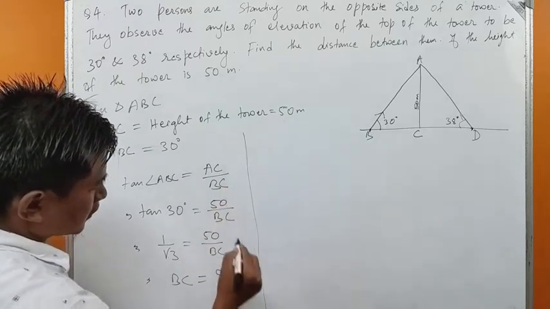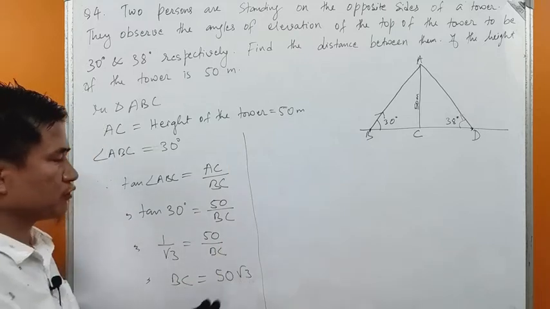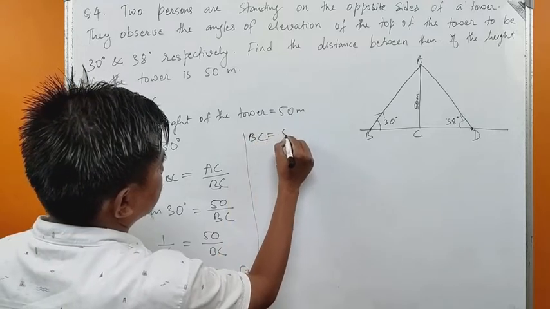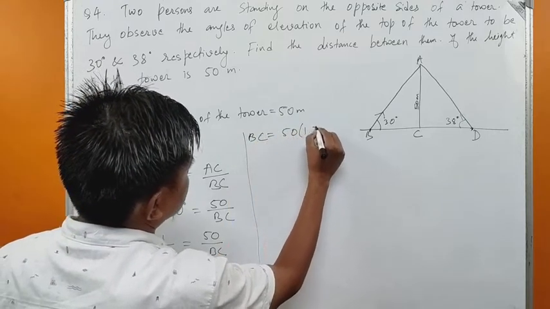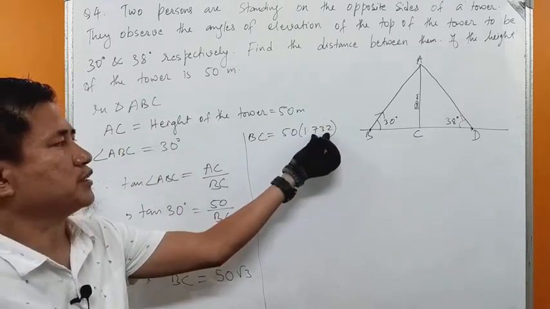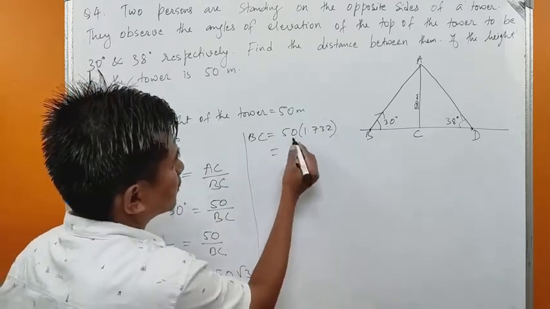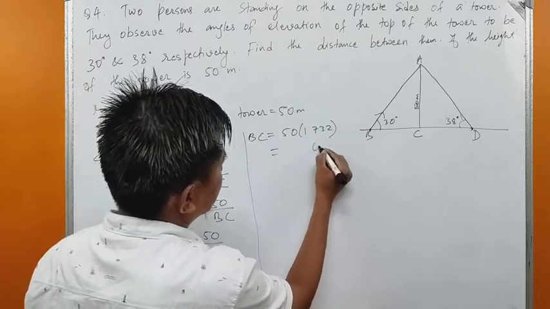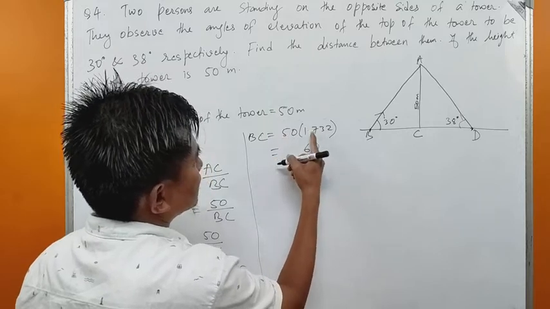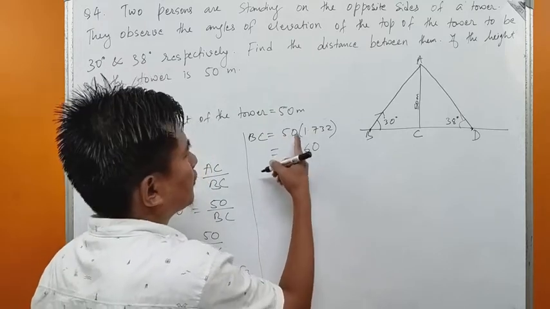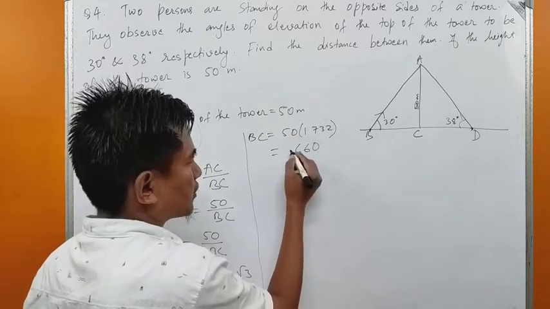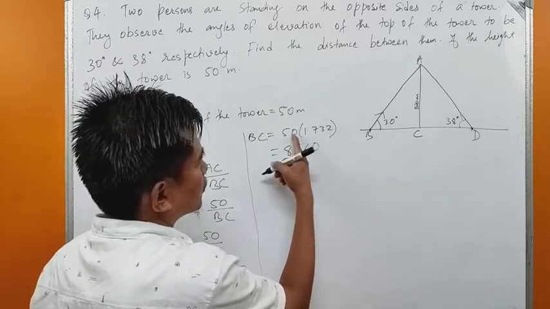So BC equals 50 into root 3. This means BC equals 50 into 1.732, as the value of root 3 is 1.732. Now let's multiply this. 5 2s are 10, 5 3s are 15, 16, 5 7s are 35, 36, 5 1s are 5, plus 3 is 8, and this 0 comes here.